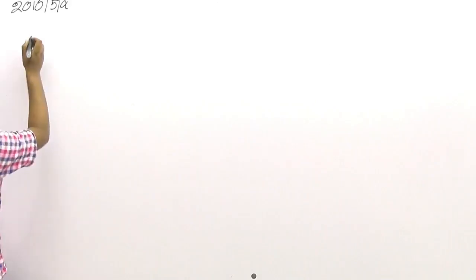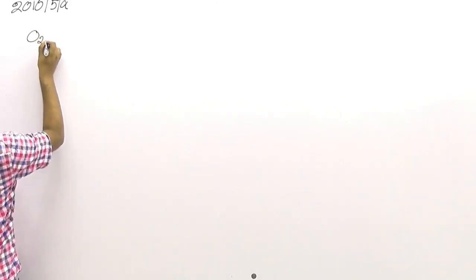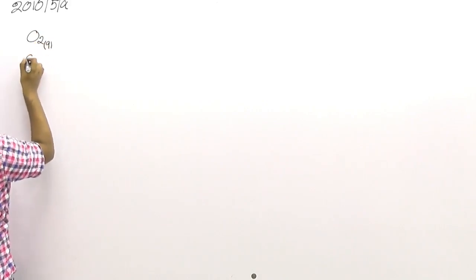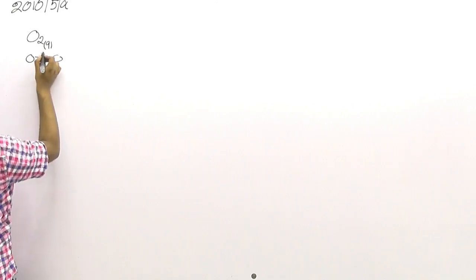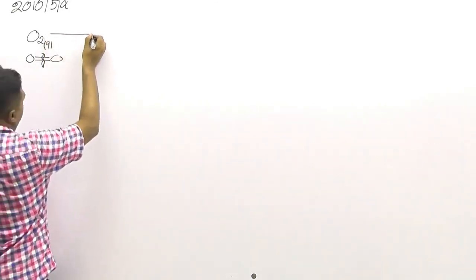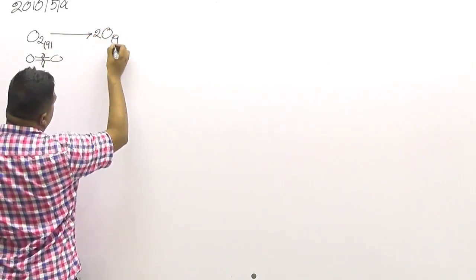In an oxygen molecule, you have an O double bond O. You break it by producing two gaseous state atoms.